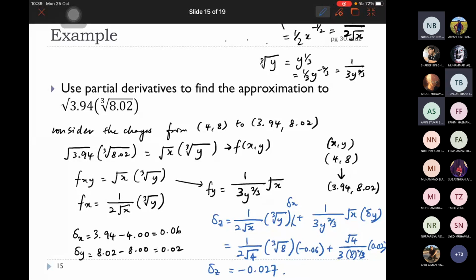Dan kita tunggu sekejap. Okay, ramai dah siap.